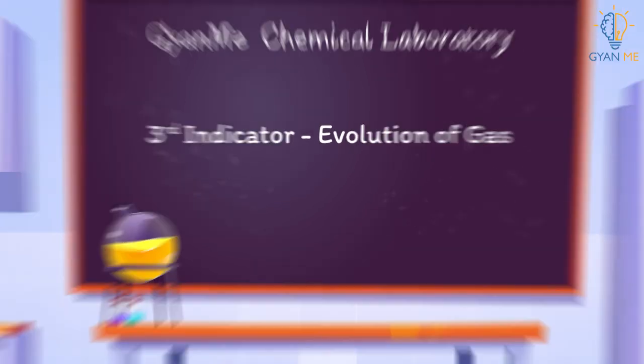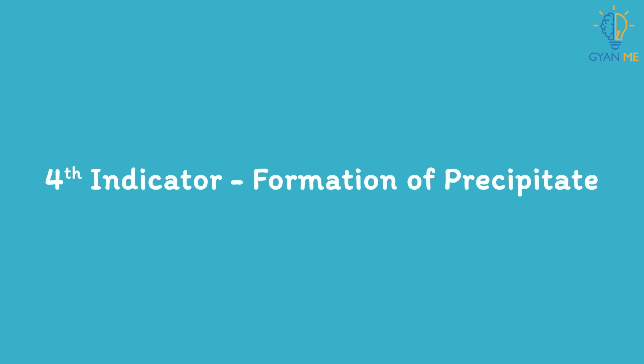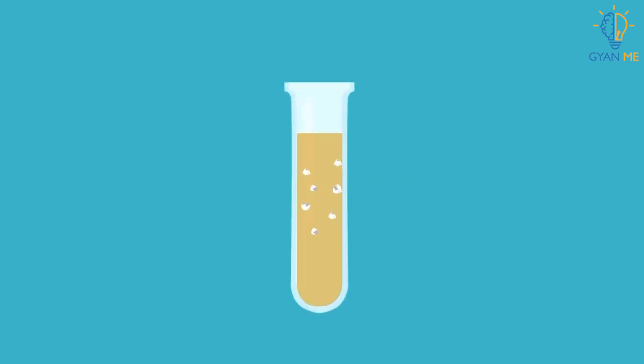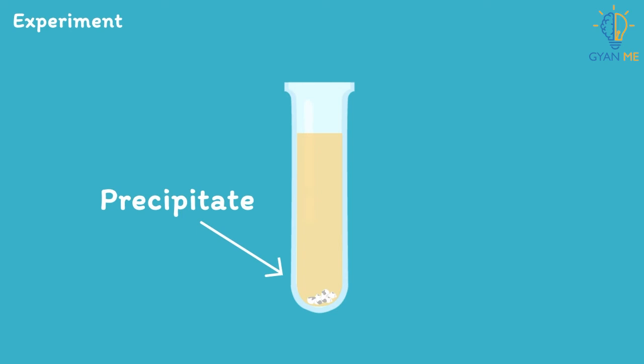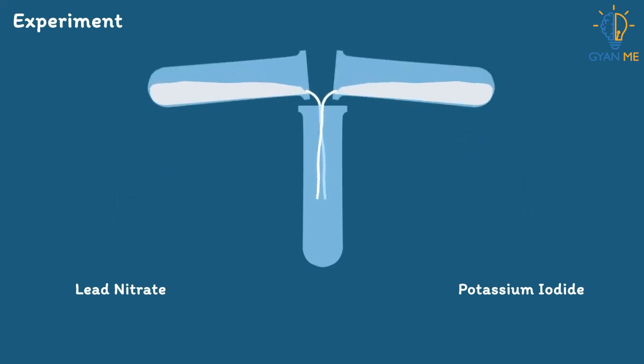There is one more indicator to know whether a chemical reaction has happened or not, which is formation of precipitate. Now what is precipitate? You must have seen dirty water. Impurities present in this water settle down after they react with certain chemicals. These are called precipitates. Let us understand this through an experiment. In this experiment, mix solutions of lead nitrate and potassium iodide.